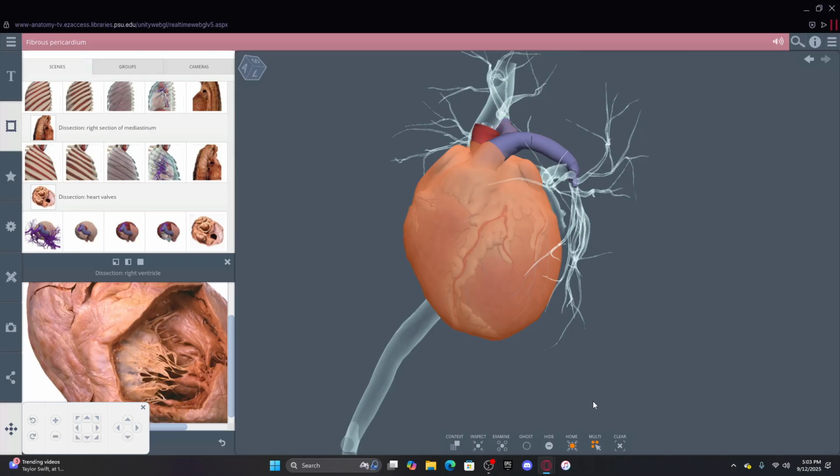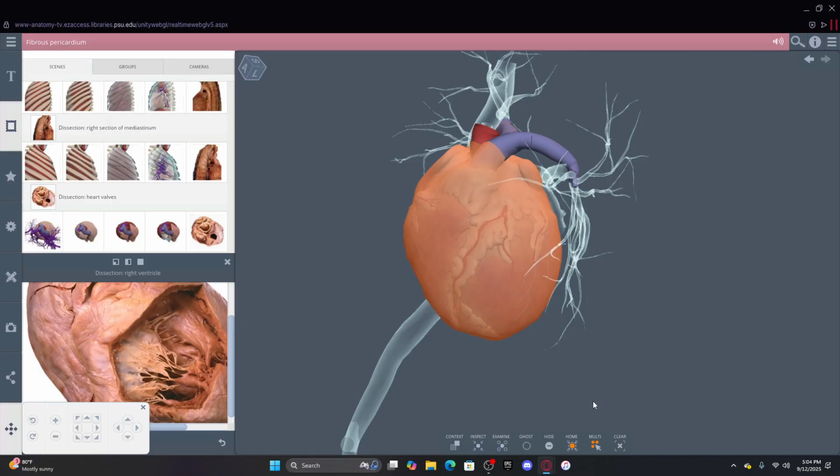Imagine two sheets of paper put on top of each other. On the most superficial paper, the paper closest to you, that would be the fibrous pericardium. If you were to flip the first sheet, on the opposite side of that sheet would be the parietal serous pericardium.